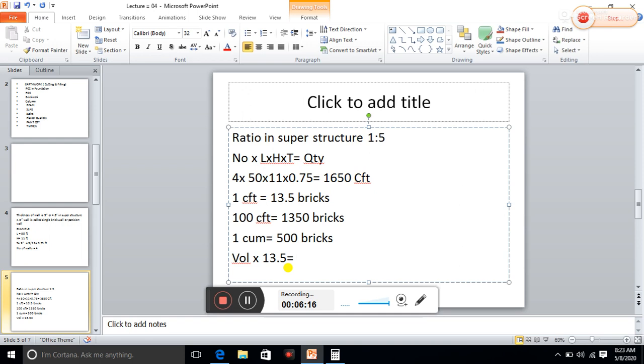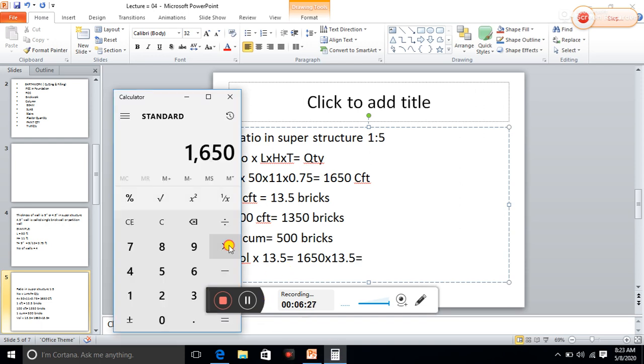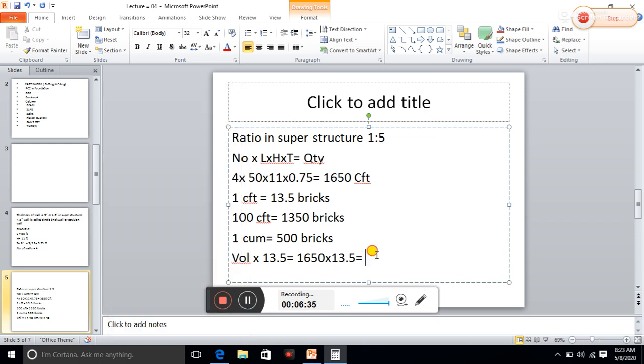Volume 1650 multiplied by 13.5 is equal to 22275 bricks with mortar.